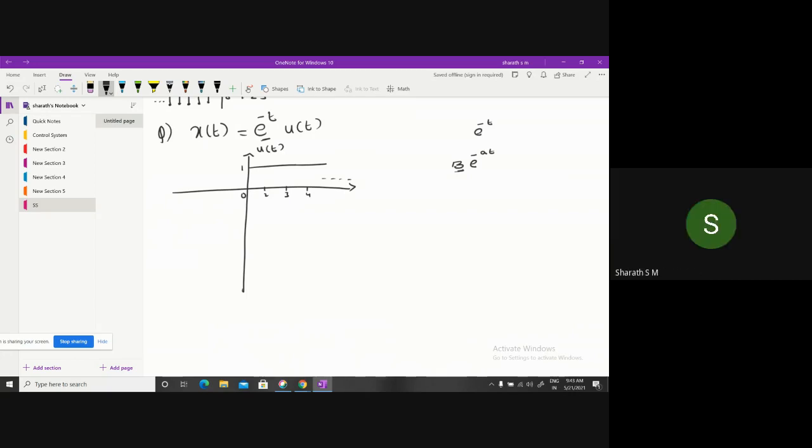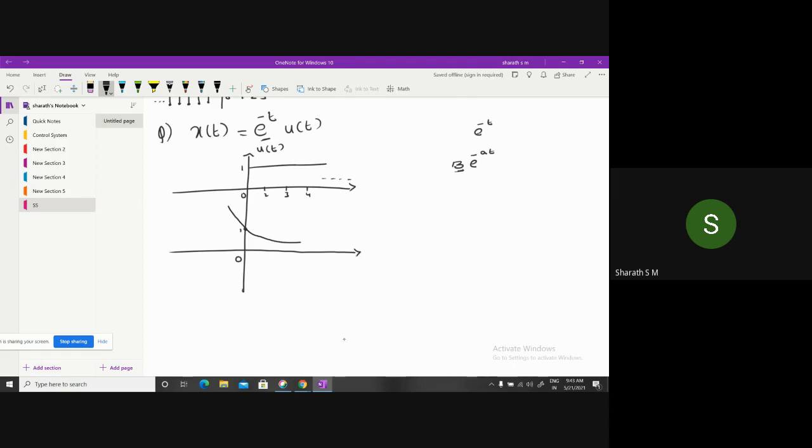That indicates its amplitude level is equal to 1. So at 0, its amplitude level is 1. Is e power minus t a rising exponential or a decaying exponential? Decaying. It's a decaying exponential, the falling exponential we can write down.